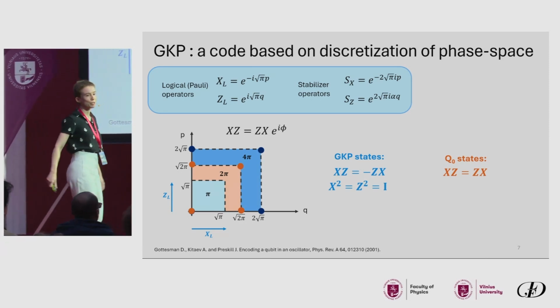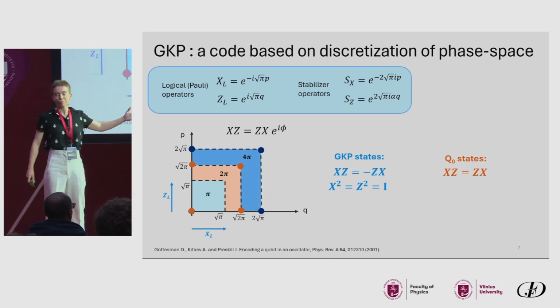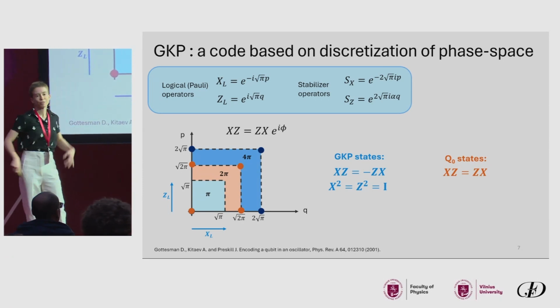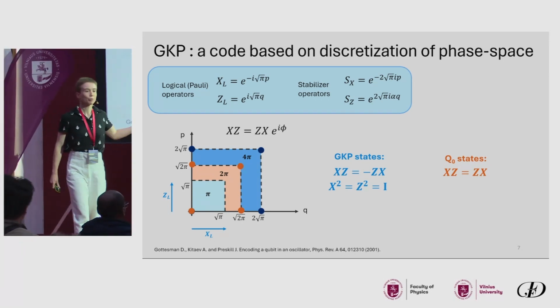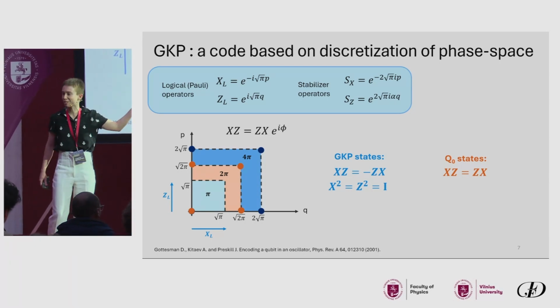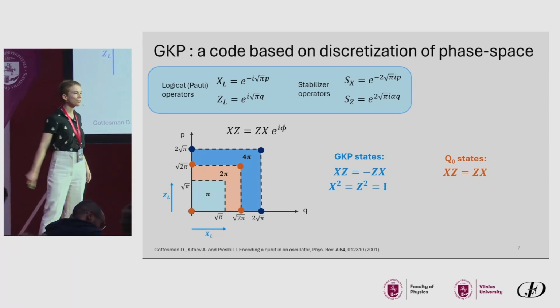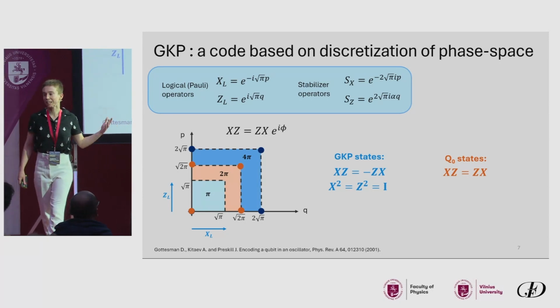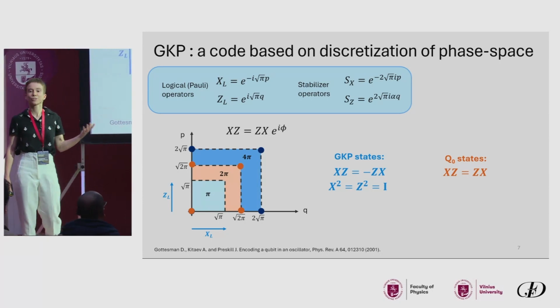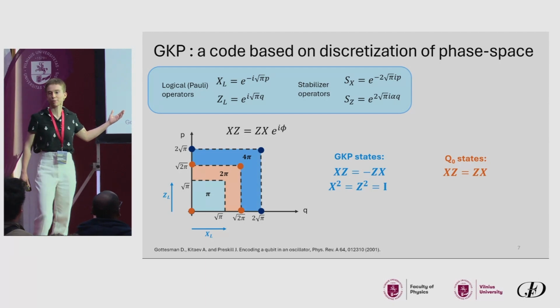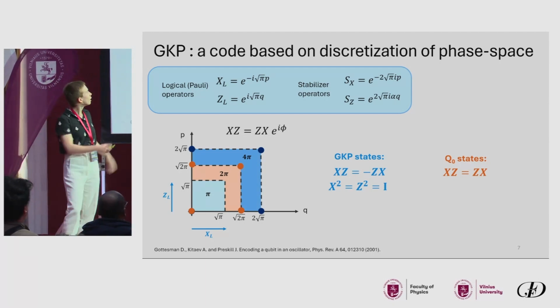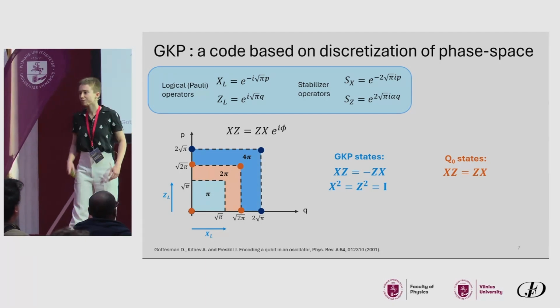This is what we call qunaught states, because GKP states are a qubit, and some people talk about qubits as well in higher dimensions, but this qunaught state does not encode any logical information. It is a state living in a single dimensional algebra, and that's why we call this qunaught state.